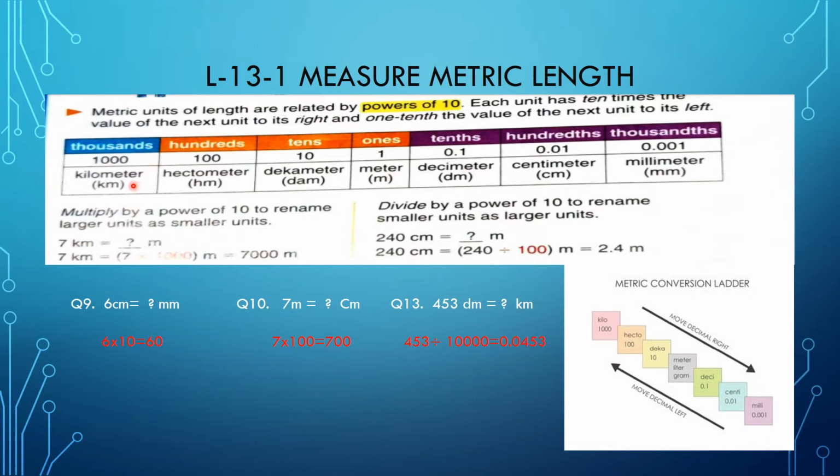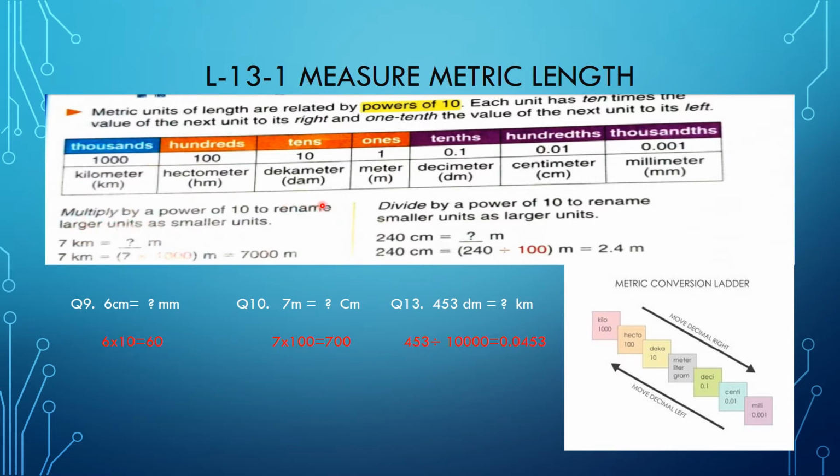This one is your standard one. Meter is your standard one. Then you can see kilometer, hectometer, decameter, meter, decimeter, centimeter, and millimeter. Every step you are using a power of 10.